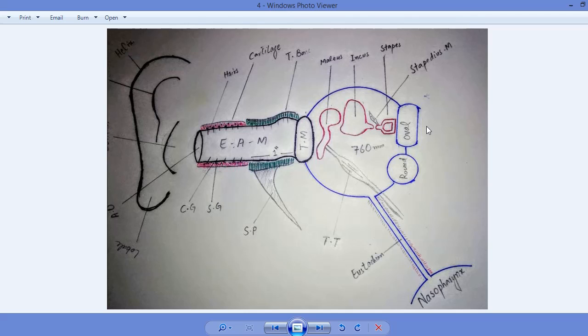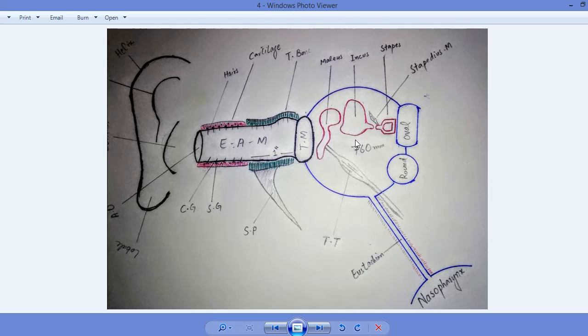When this is contracted, it no longer transfers vibration to the oval window, because the vibration has been transferred. That is sufficient to hear the sound. There is no need to transfer another vibration. So this stops the vibration for a while, and then waits for another sound wave to come and vibrate these ossicles. These three combined are called the ossicles.